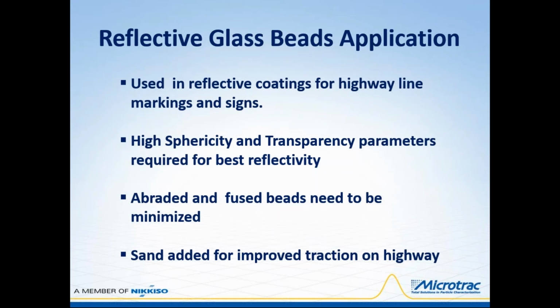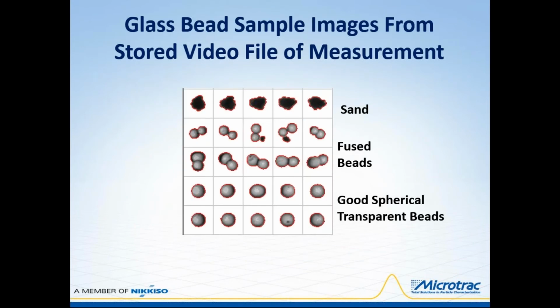But they also contain portions of braided and fused beads which are undesirable components and should be minimized during production. When used in highway striping, they also typically contain an added portion of sand to improve traction during wet conditions. This sand component also can be quantified.